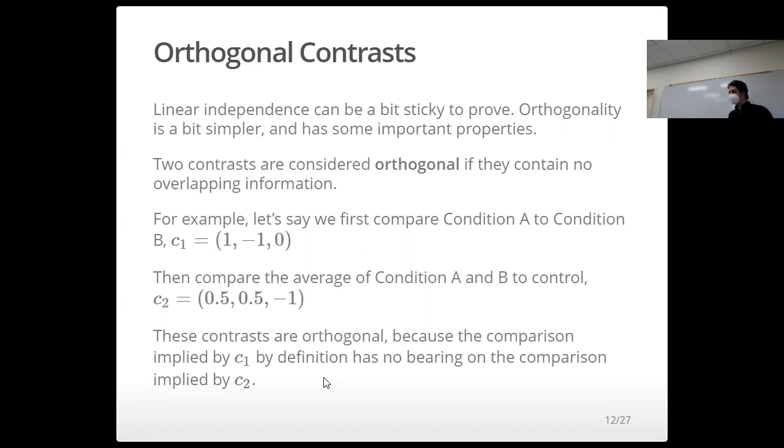These are orthogonal contrasts because the comparison implied by the first contrast has no bearing on the result from the second contrast. There's no information contained in the first contrast that is also contained in the second contrast. Any questions so far?